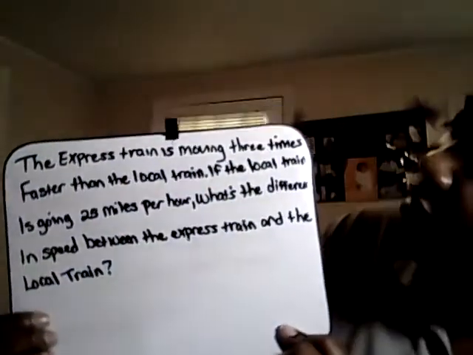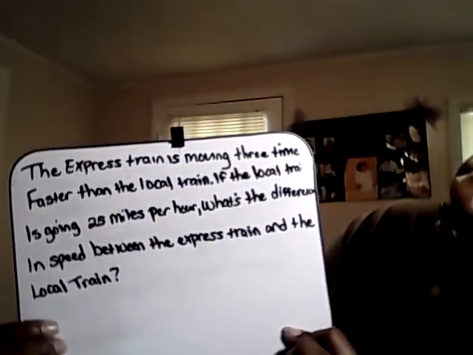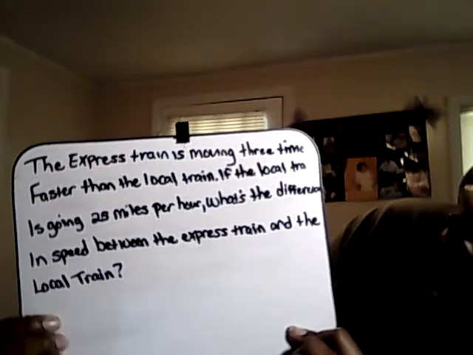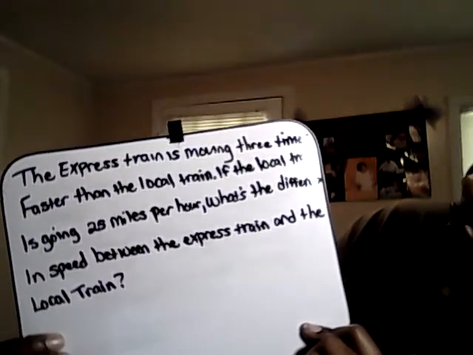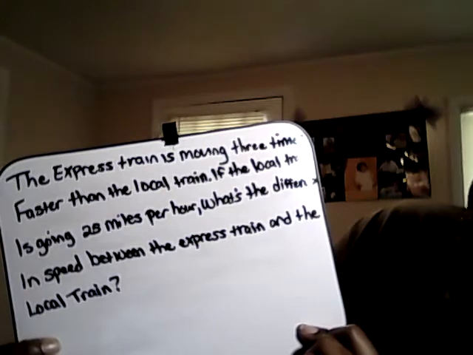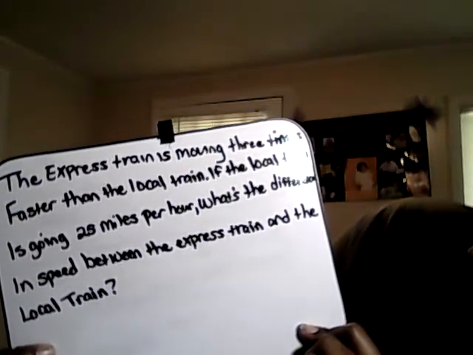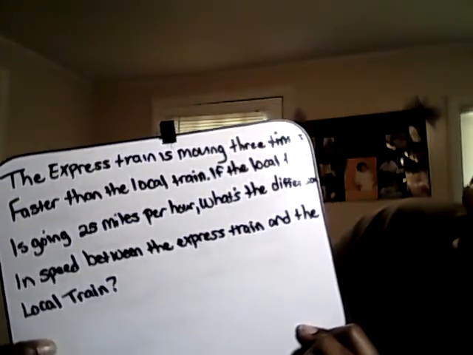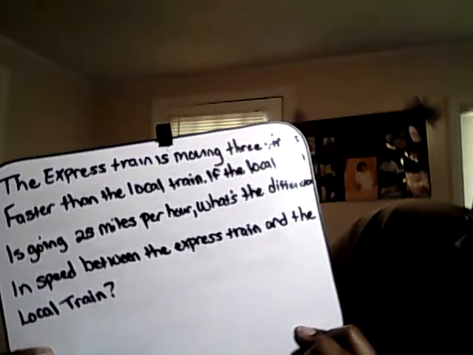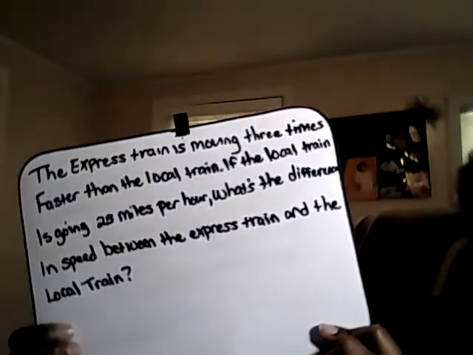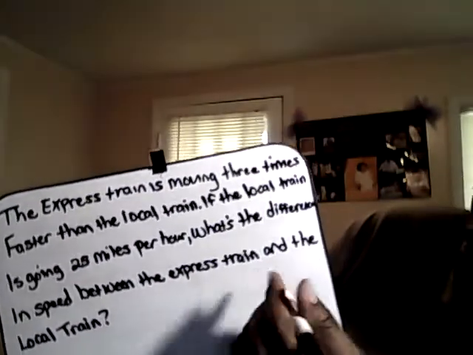So it says the express train is moving 3 times faster than the local train. If the local train is going 25 miles per hour, what's the difference in speed between the express train and the local train? So I can already underline some keywords in here. The difference.